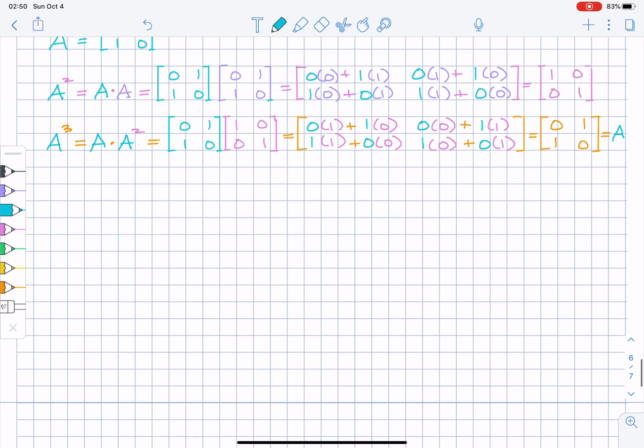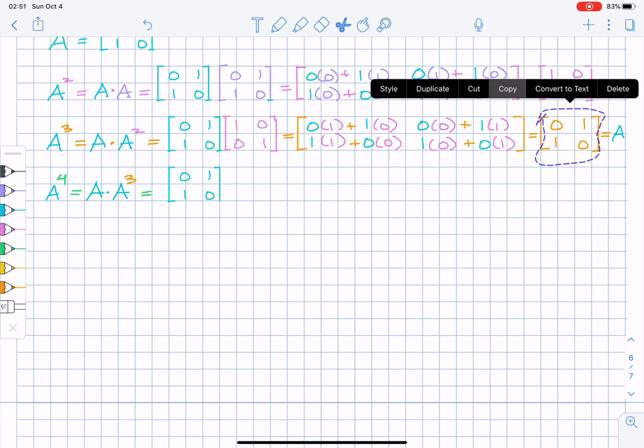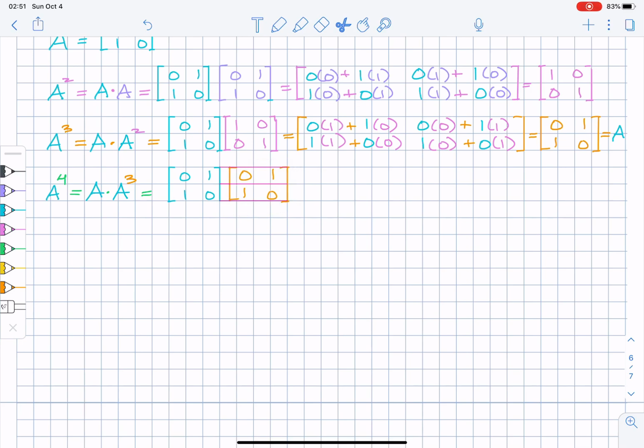Okay, so now let's do A to the 4th power. Well, I claim that that's just A times A to the 3rd power. So that's just going to be A, and I know that A to the 3rd power is here.